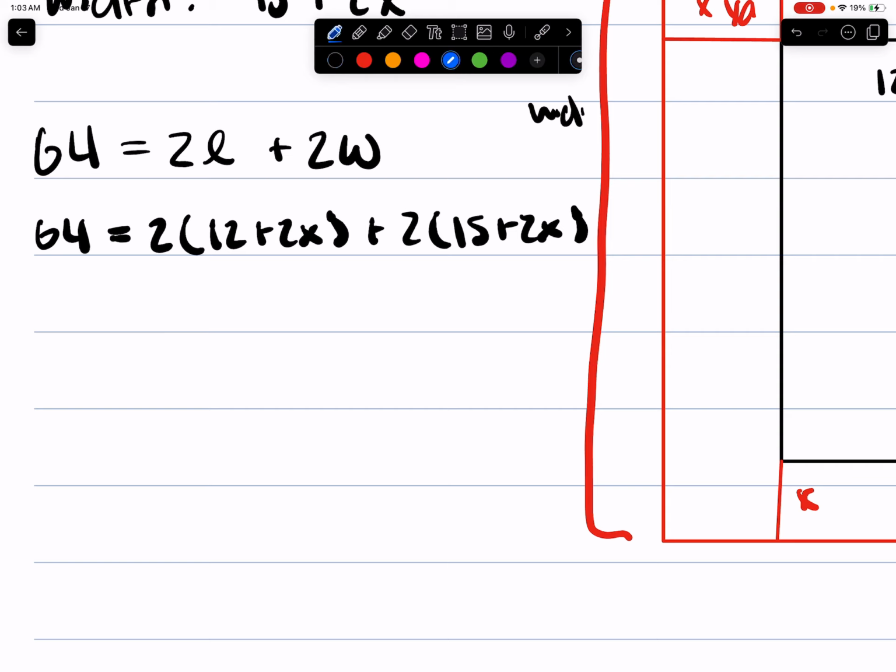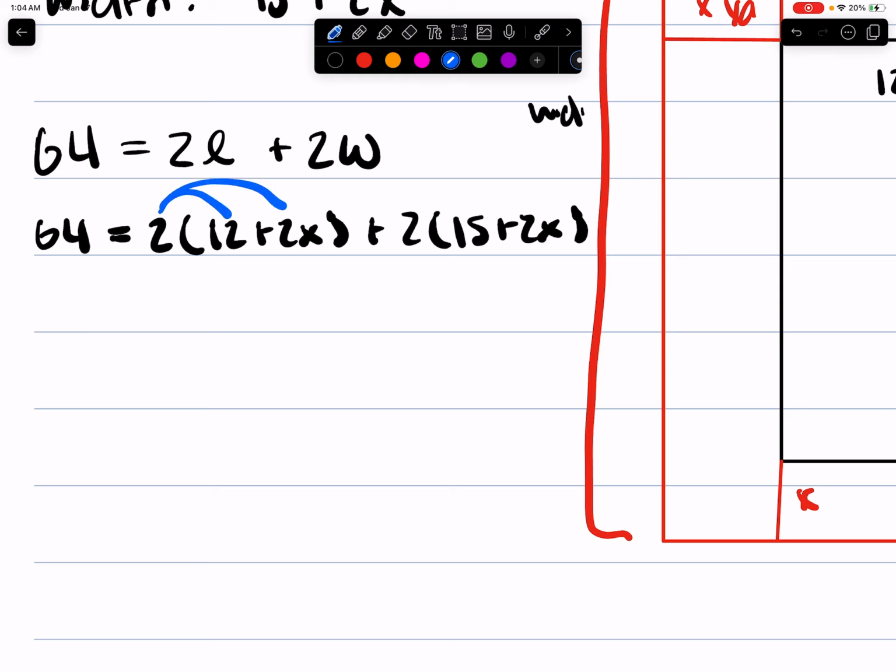So we go through PEMDAS. Parentheses can't be simplified because we can't combine 12 and 2x or 15 and 2x. There are no exponents we have to deal with. So the next thing is multiplication, and that's going to be distributing these 2's into those parentheses.